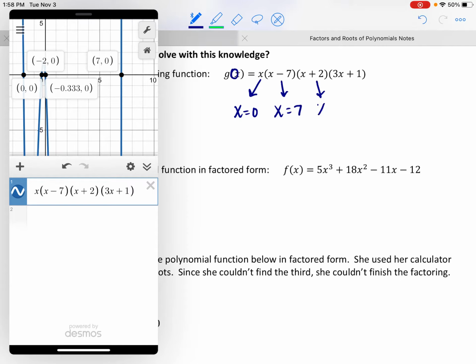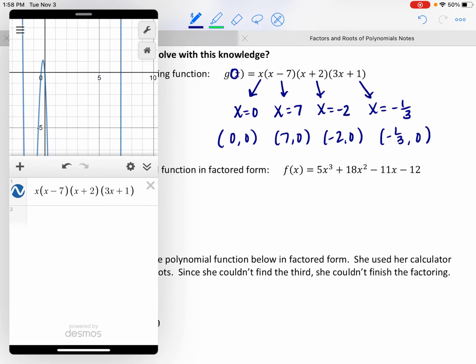Or here, x would have to equal -2. And then here, x would have to equal -1/3. Those are the same roots we saw there. So those solutions, if we were to zero out this equation, tell us that we would have roots at (0, 0), (7, 0), (-2, 0), and (-1/3, 0).